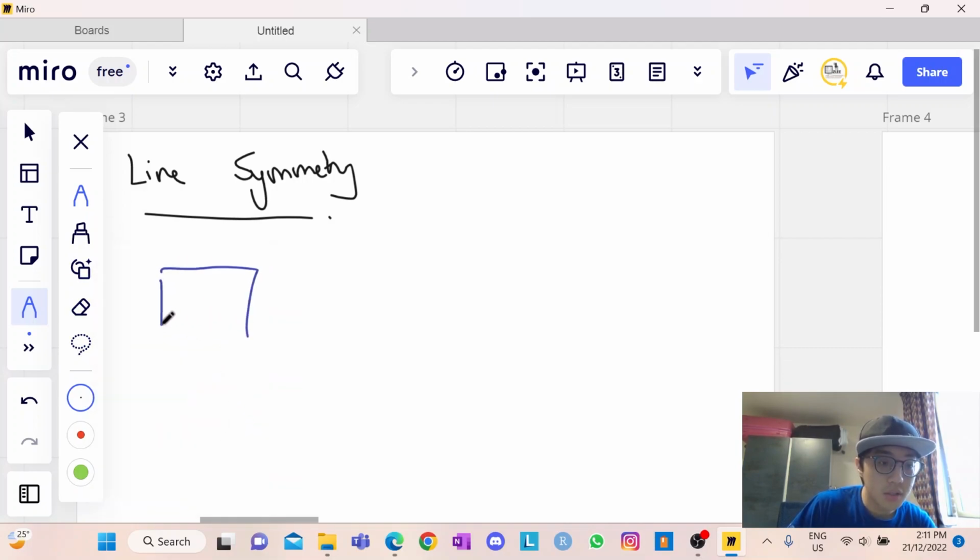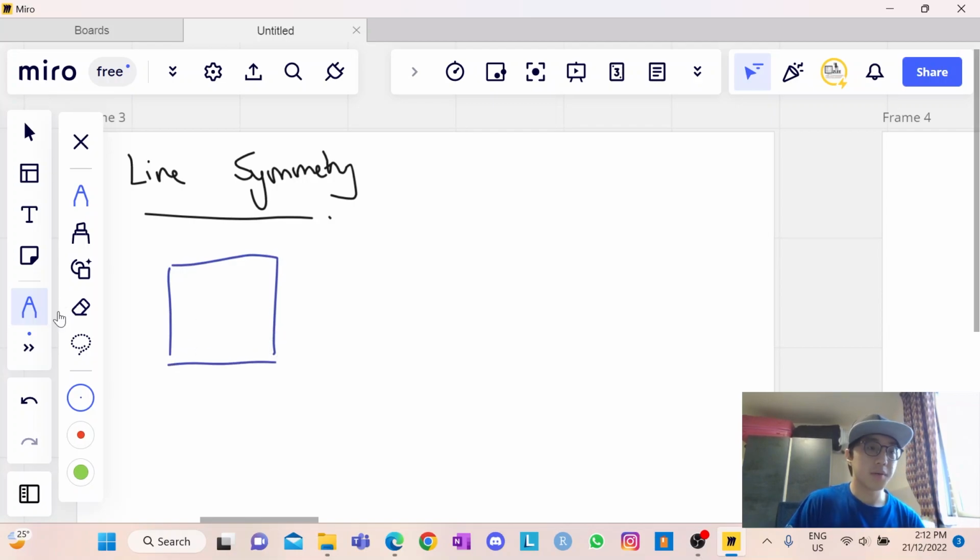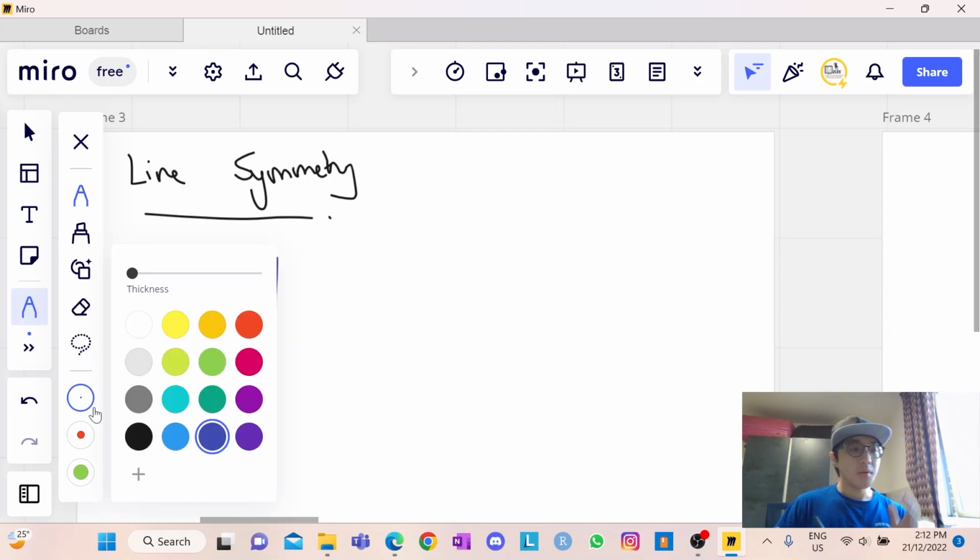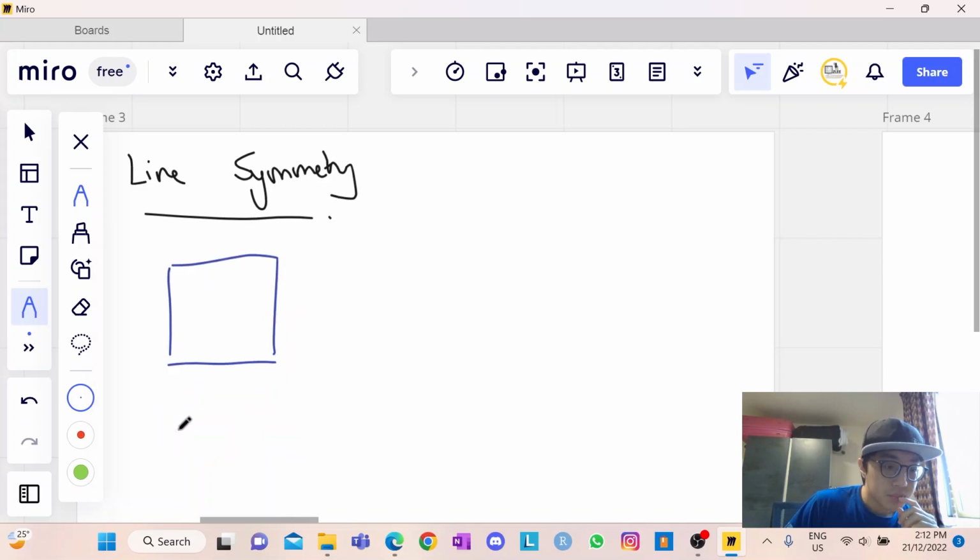This is a square. Line symmetry is when you draw a line, it will divide the shape into two same segments.